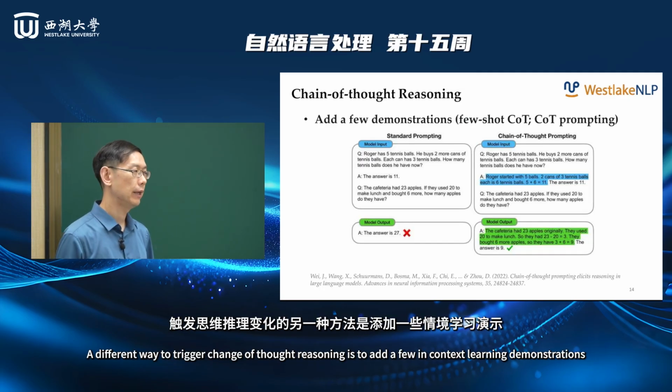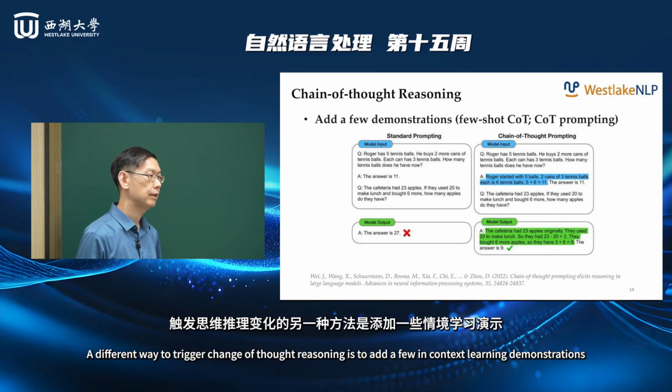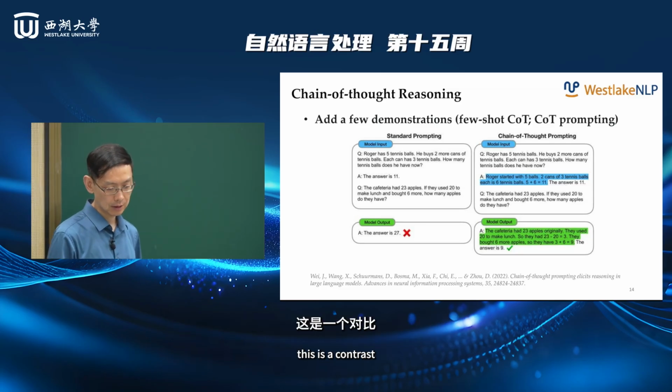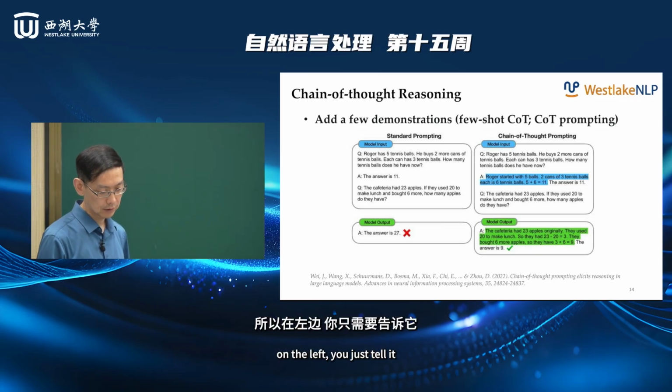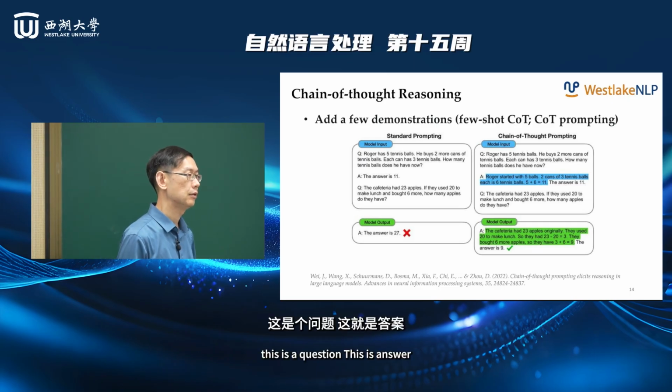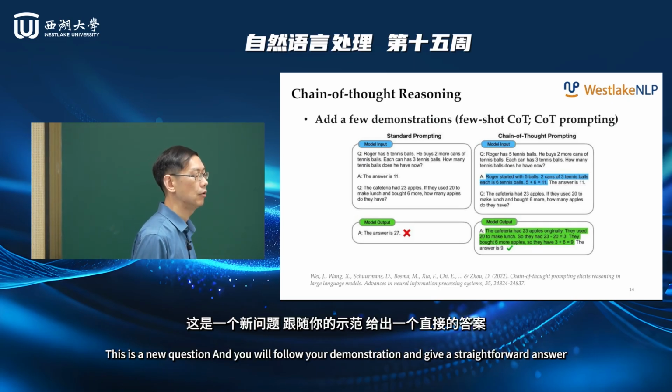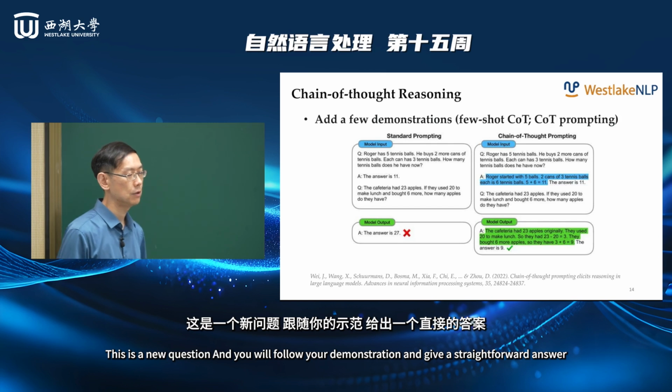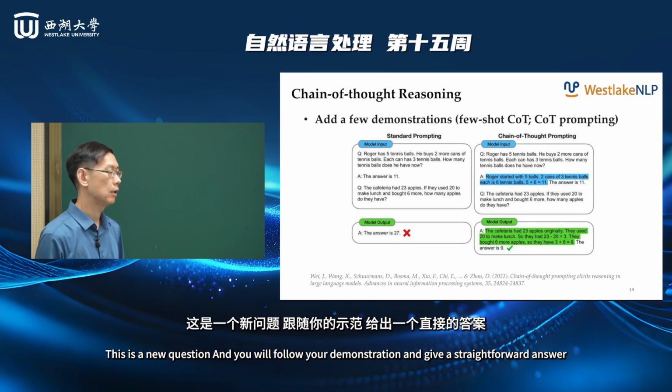A different way to trigger chain of thought reasoning is to add a few in-context learning demonstrations. So this is a contrast. On the left, you just tell it, this is a question, this is the answer. This is a new question, and it will follow your demonstration and give a straightforward answer.